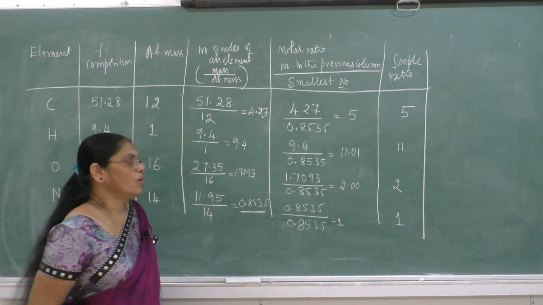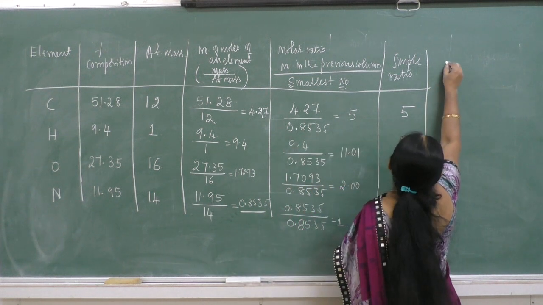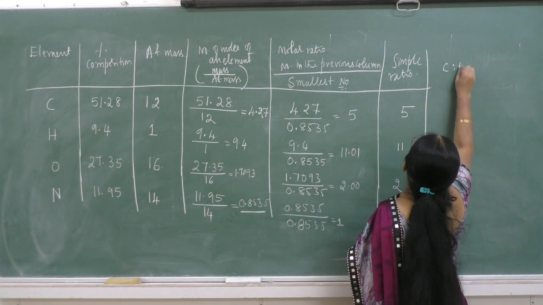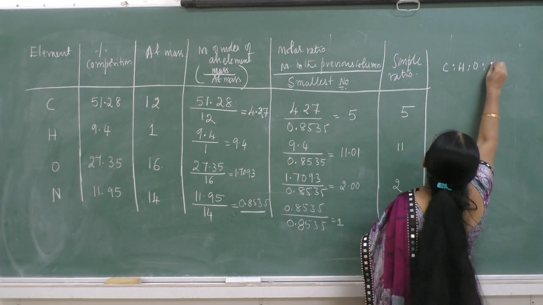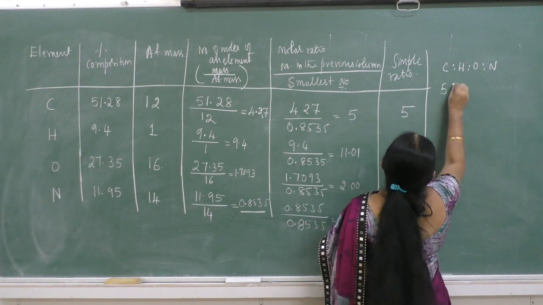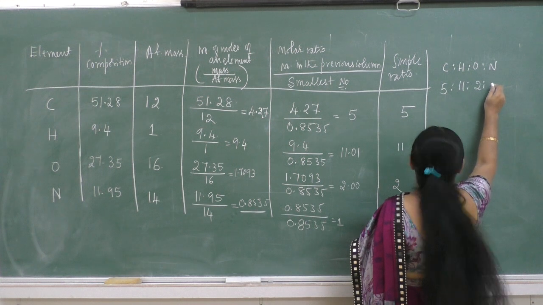So the ratio of C to H to O to N is 5 to 11 to 2 to 1.